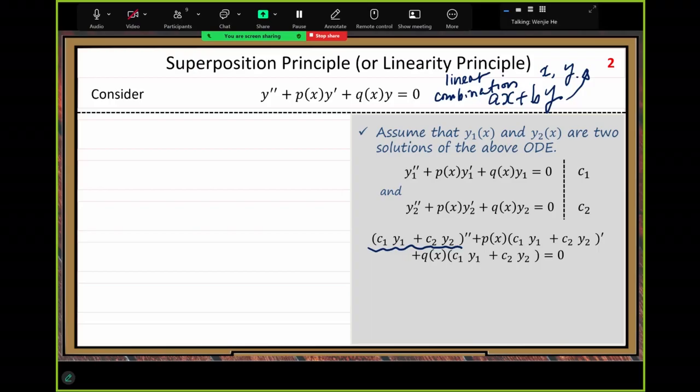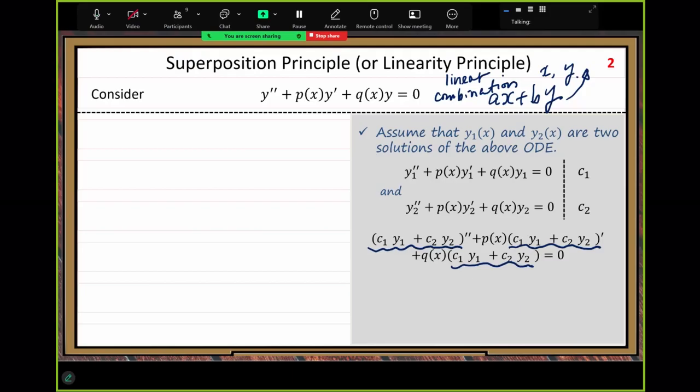So you can see this linear combination form just gives us a new solution, right? Because it satisfies the original equation. That means two known solutions, y1, y2, help us to get more new solutions.